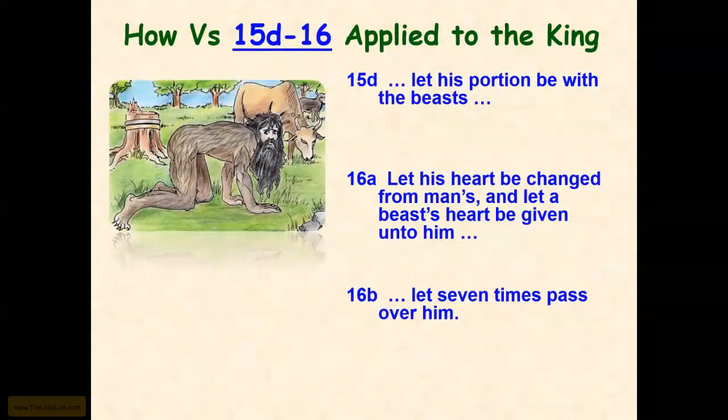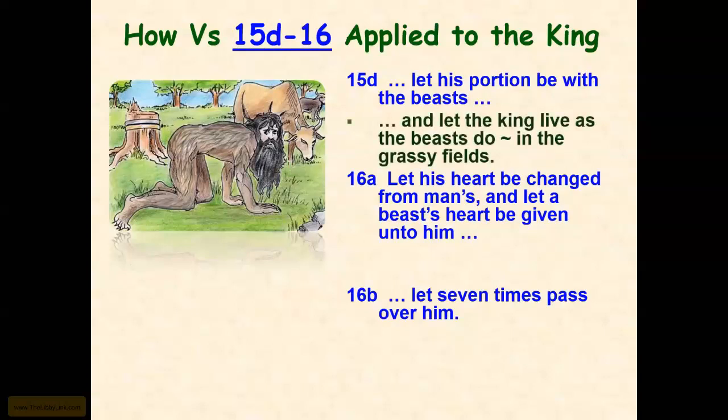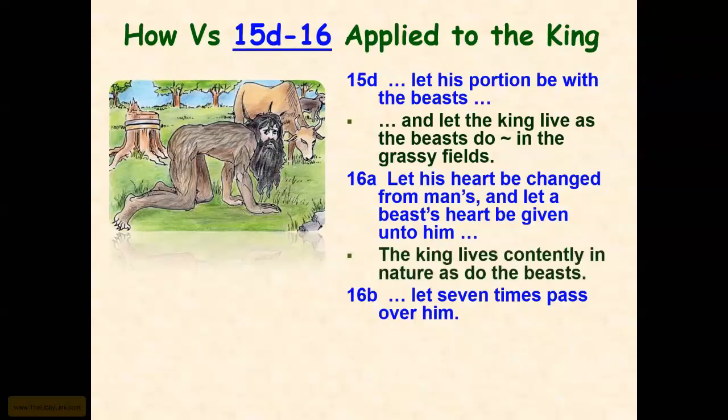Chapter 4, 15d and 16 apply to the king. Let his portion be with the beast. Most of us know that this meant to let the king live as the beasts do in the grassy fields. 16a, let his heart be changed from man's, and let a beast's heart be given unto him, meaning the king lives contently in nature as do the beast. 16b, let 7 times pass over him.